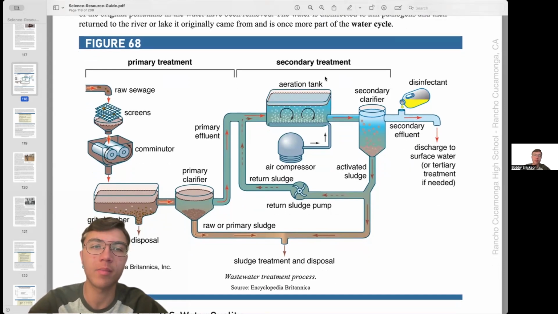So try and remember this chart: raw sewage, screens, comminutor, grit chamber, grit disposal, then the primary clarifier and sludge, then secondary treatment with an aeration tank. Sludge goes in a system, returning until it can leave through the secondary clarifier, and eventually disinfectant is added.